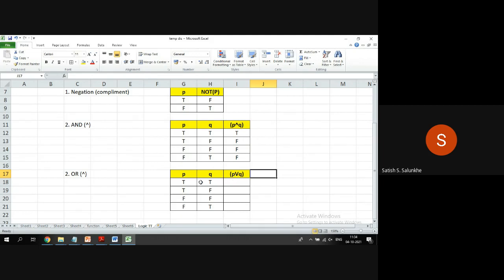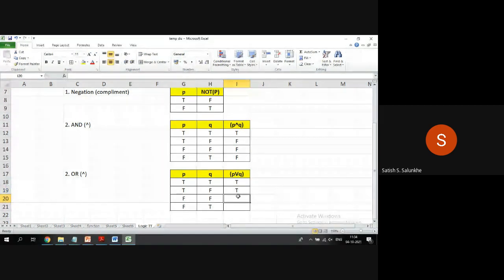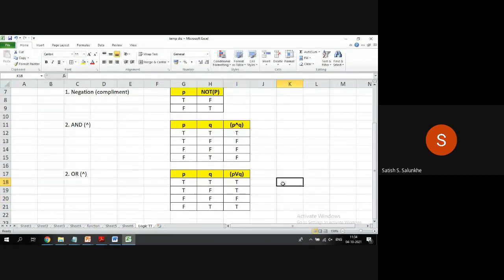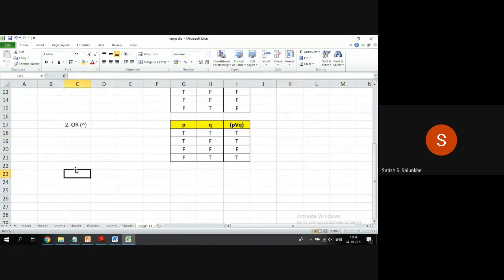So here at least one true is there, therefore this is true. At least one true is there, therefore this is true. Here both are false, therefore it is false. At least one truth value true is there, so it is true. That's it. So understanding these three operators, there are not many complications.